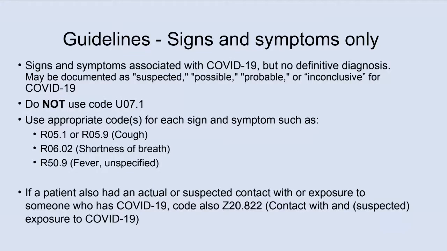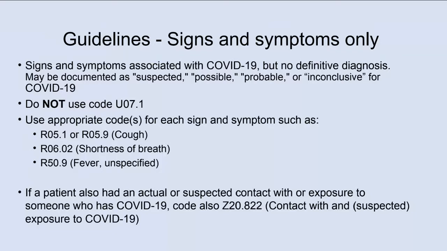Now, what if a patient has signs and symptoms but no confirmed final diagnosis of COVID-19? In this case, as we said, do not use U07.1. It may be documented as suspected, possible, probable, inconclusive, whatever. Don't use U07.1. Instead, use the appropriate code for the signs and symptoms that are manifest: R05.1, R05.9 for a cough, R06.02 shortness of breath, R50.9 fever.